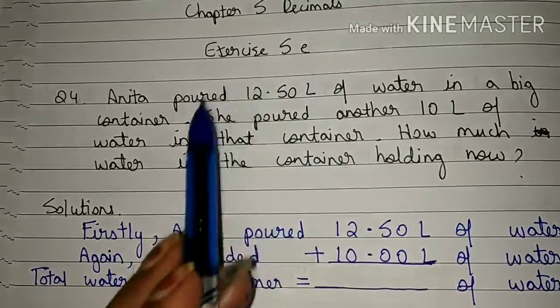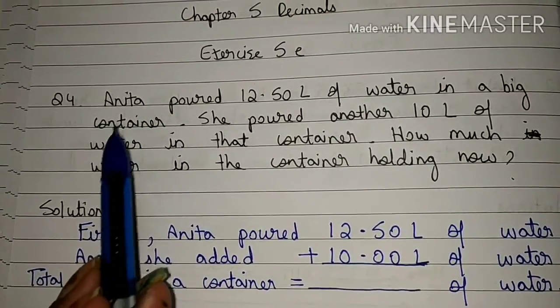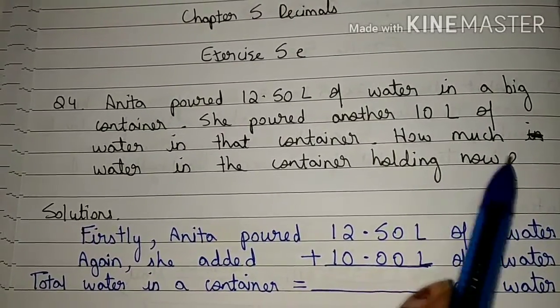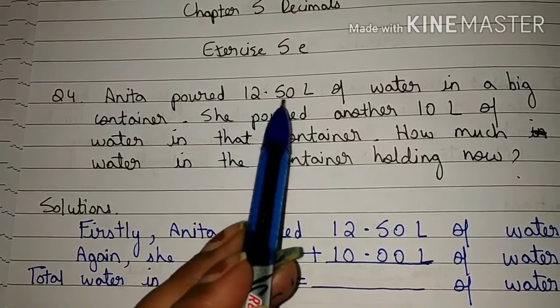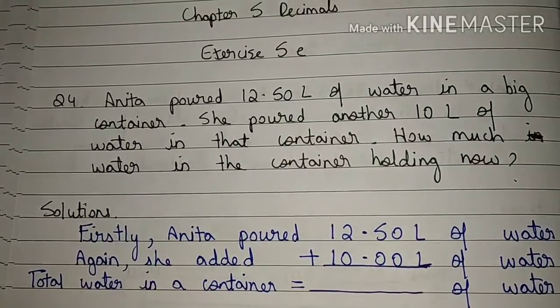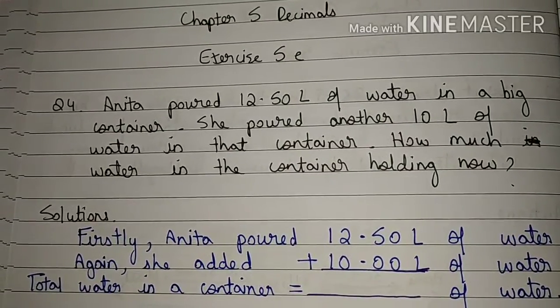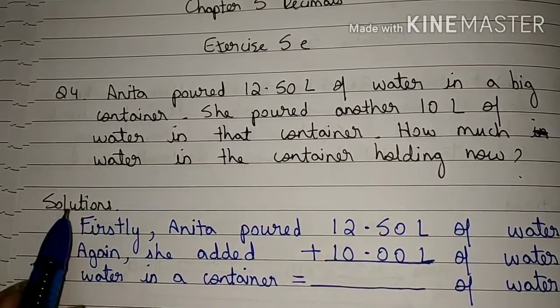After that she also added another 10 liter of water. So total water in a container is 12.50 liter plus 10 liter of water. So students, in this question we will do addition. Now students, come to solution.